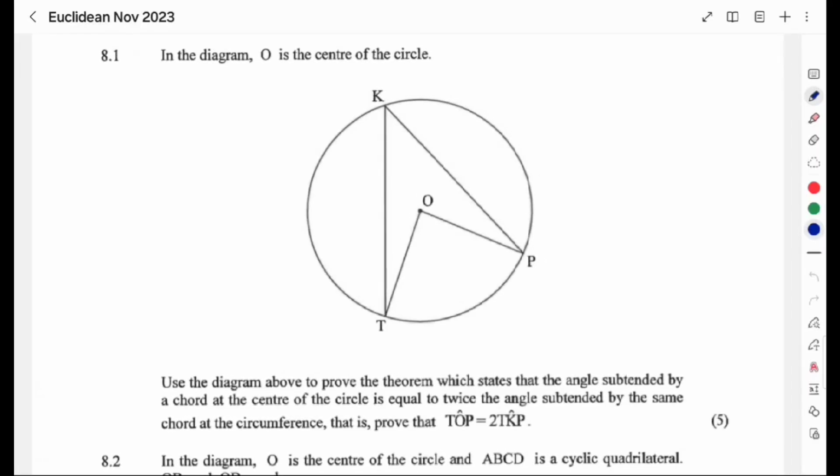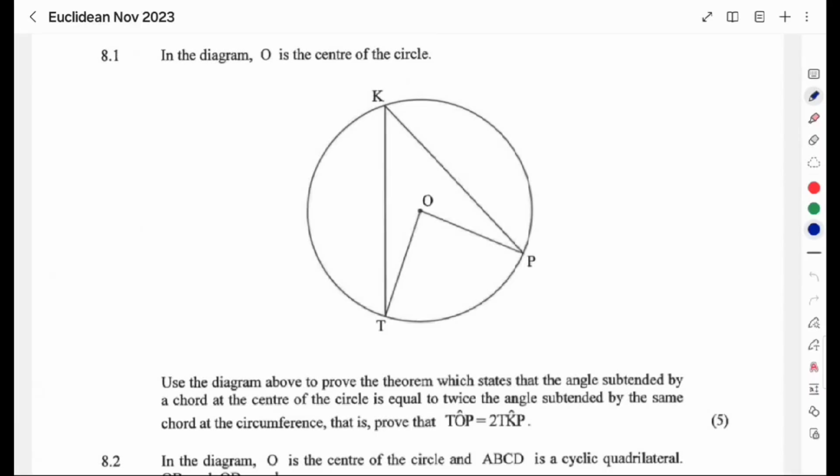8.1. In the diagram, O is the center of the circle. Use the diagram above to prove the theorem which states that the angle subtended by a chord at the center of the circle is equal to twice the angle subtended by the same chord at the circumference.